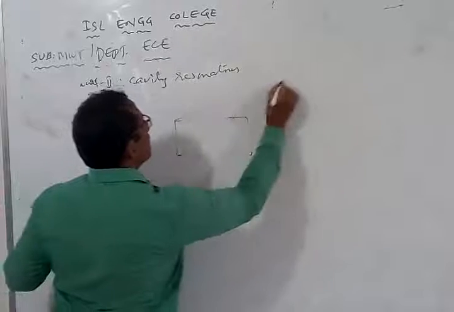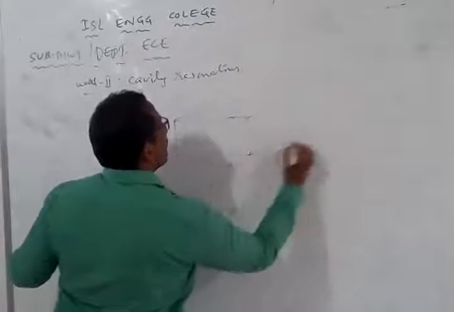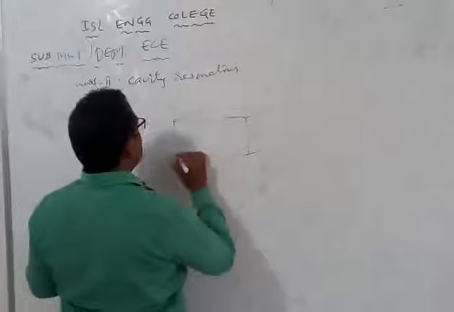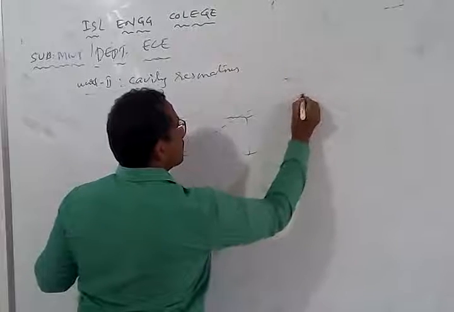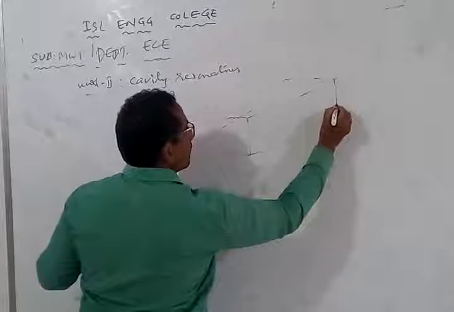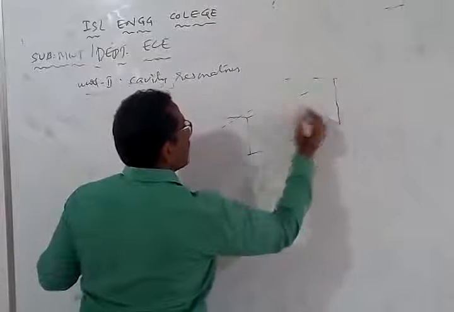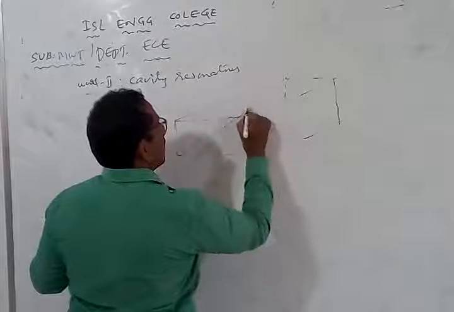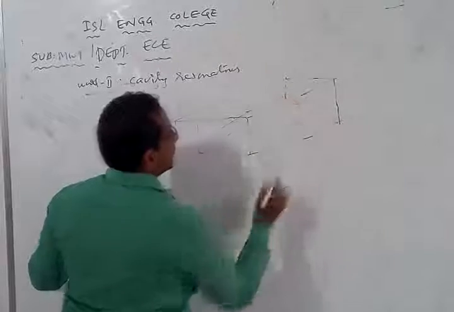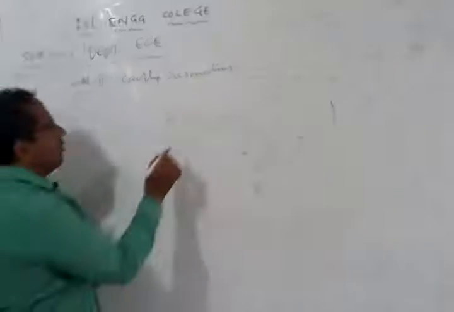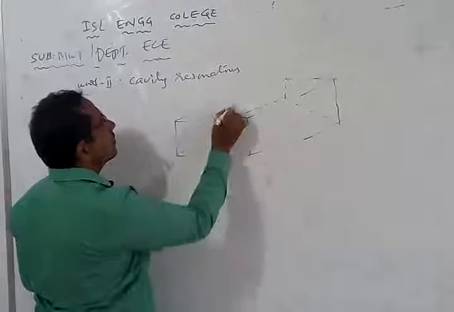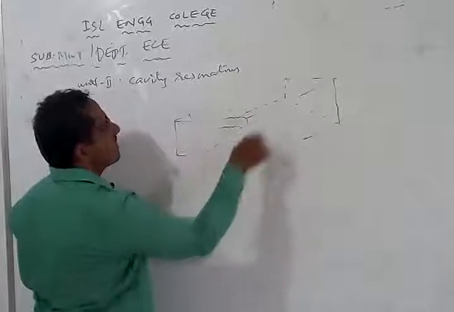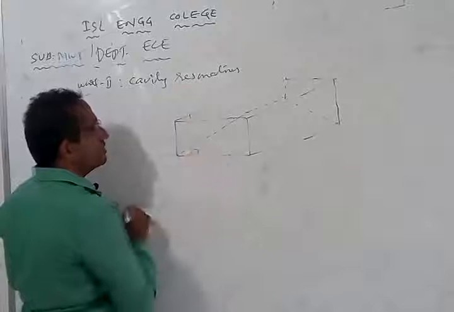I can draw it like this. So this is the waveguide. Now all these are the walls: this is the bottom wall, this is the top wall, this is the left side wall, this is the right side wall, and there are two openings in the rectangular waveguide.